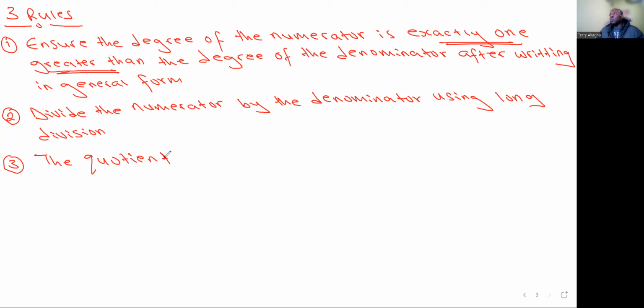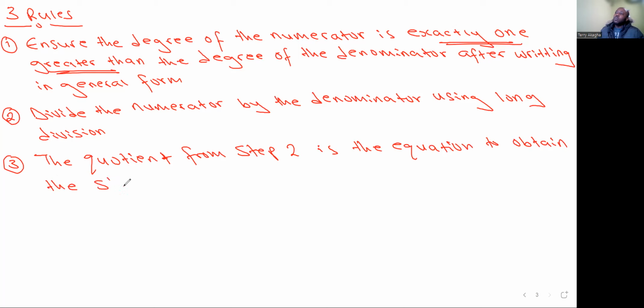So the quotient you get from step 2 is the equation to obtain the slant asymptote. So remember I said it can be called slant asymptote or you can call it oblique asymptote. So you can use any of them.